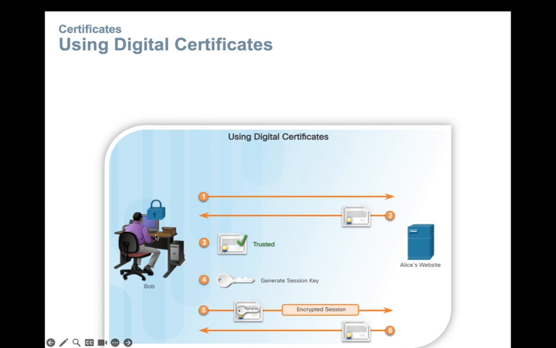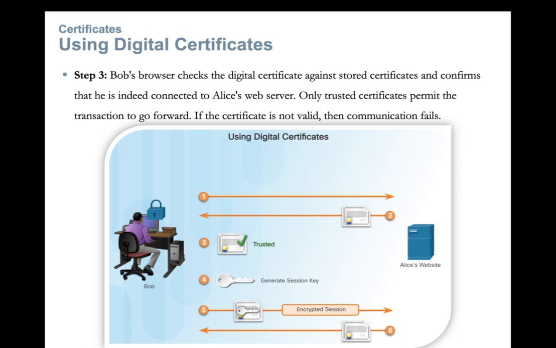In the third step, Bob's browser checks the digital certificate against a stored certificate and confirms that he is indeed connected to Alice's web server. Only a trusted certificate permits the transaction to go forward.